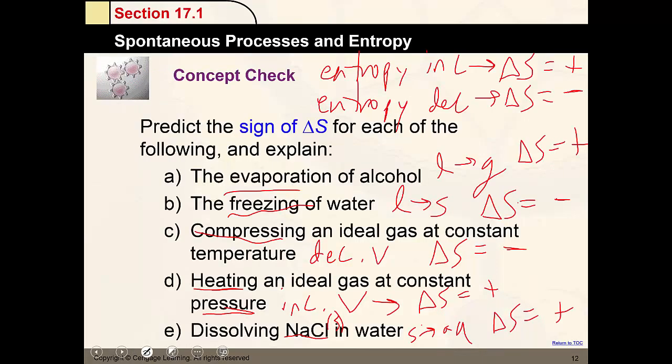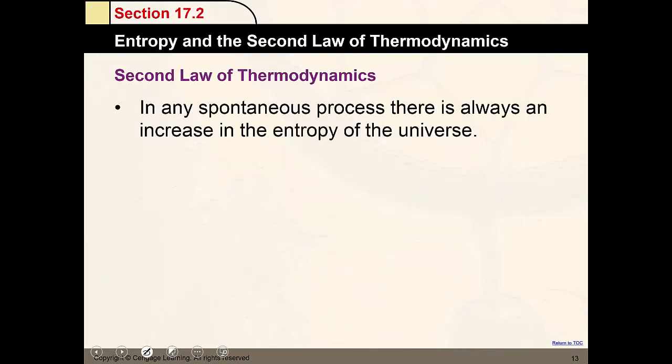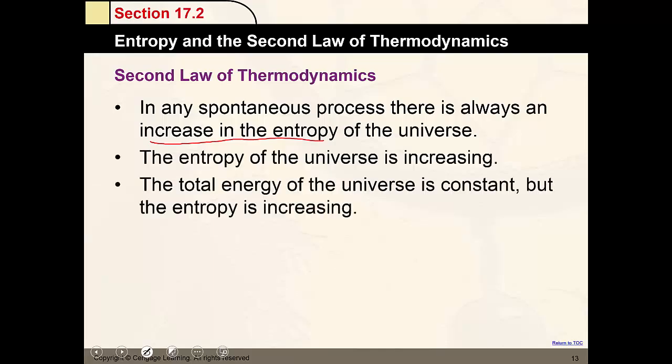So using these, we can get to the second law of thermodynamics, meaning that processes are spontaneous when they result in an increase in disorder, or essentially the entropy in the universe is always increasing. So we know from the first law of thermodynamics, the total energy of the universe is constant, but entropy is increasing.